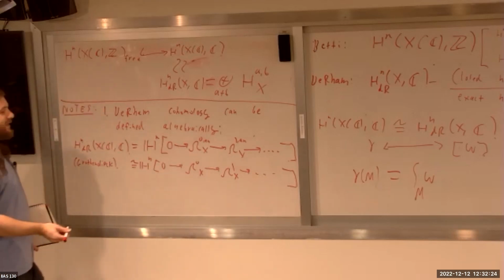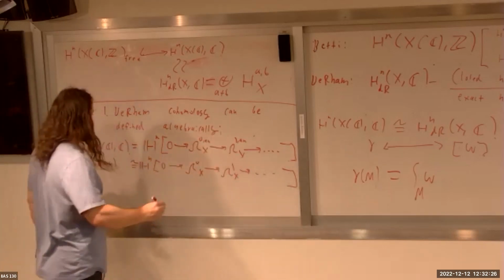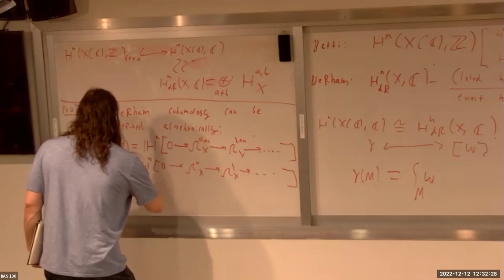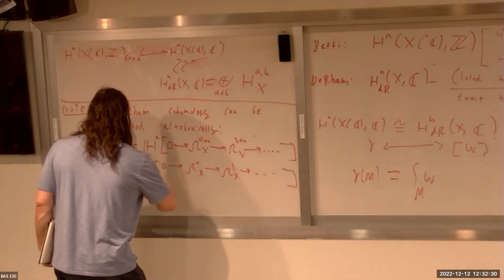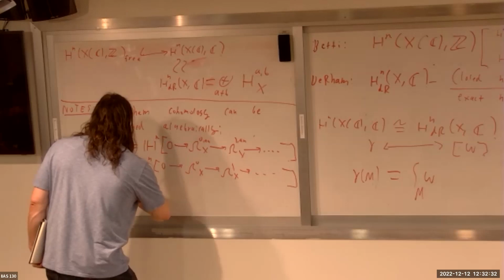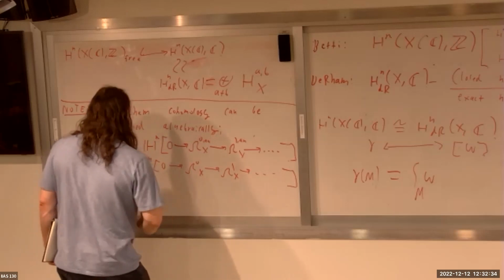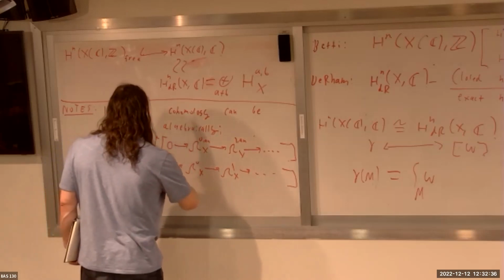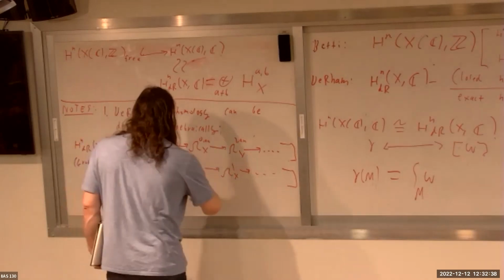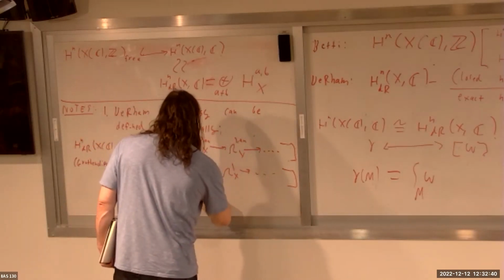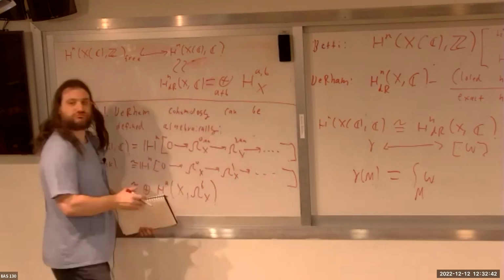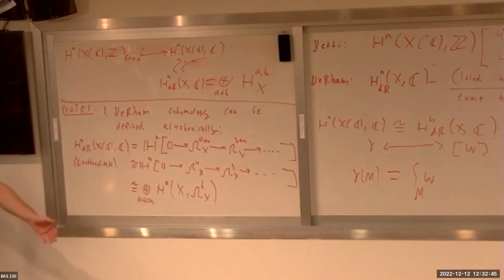Then, in fact, more than that, if you're in this smooth projective case, this is naturally isomorphic to the direct sum over a plus b equals n of the H^a cohomology of Omega^b.